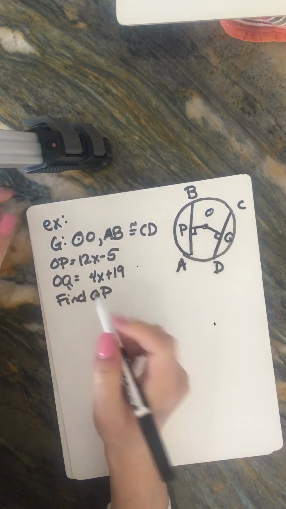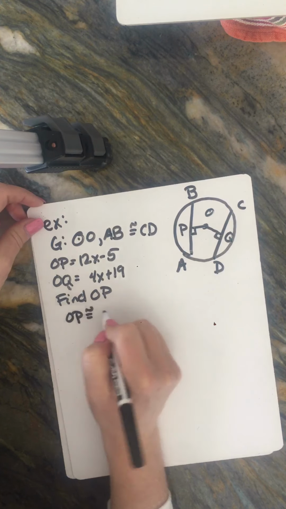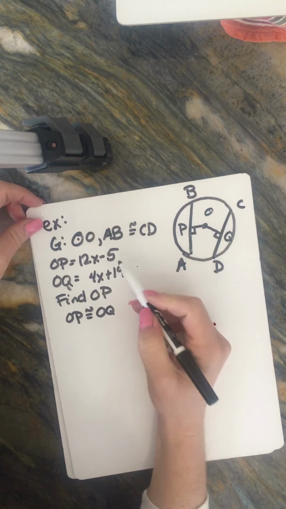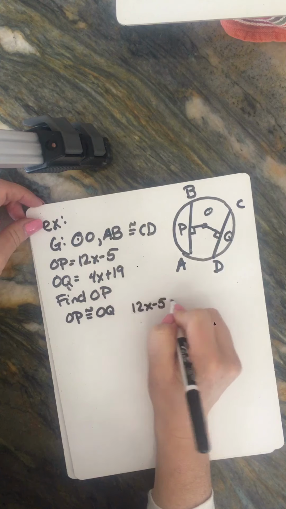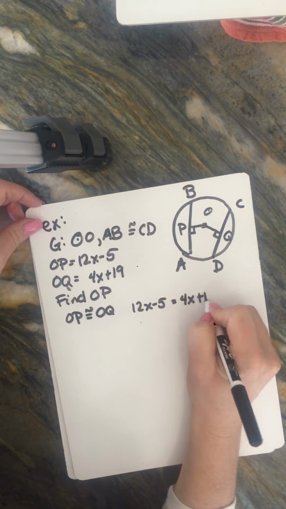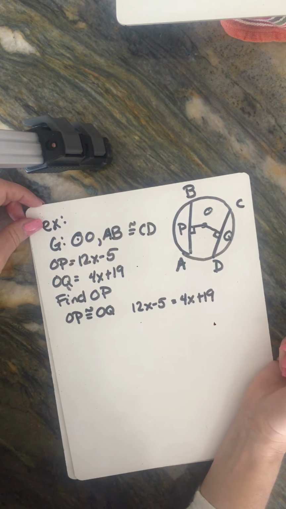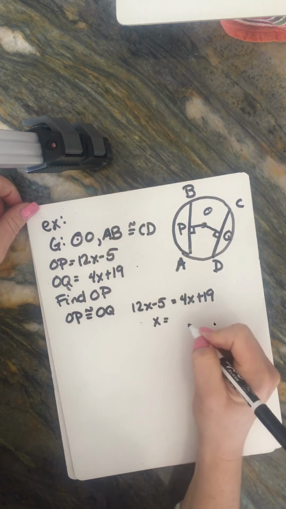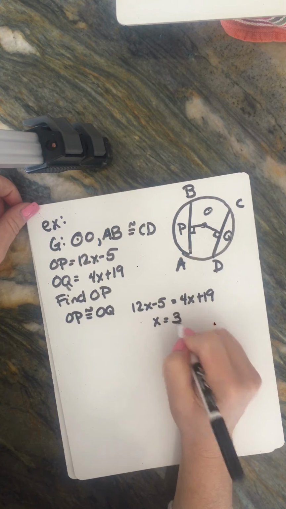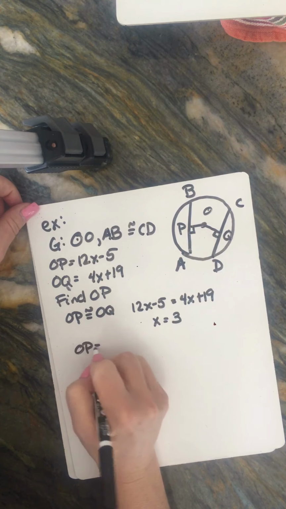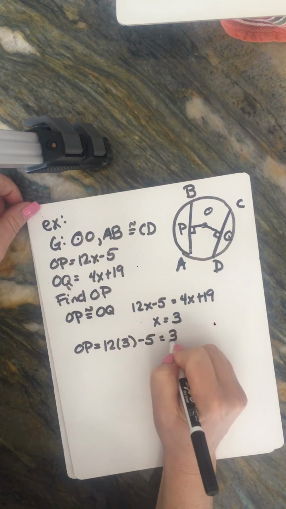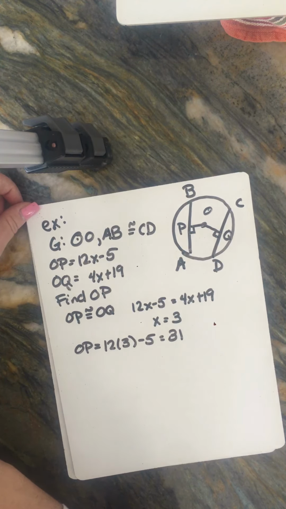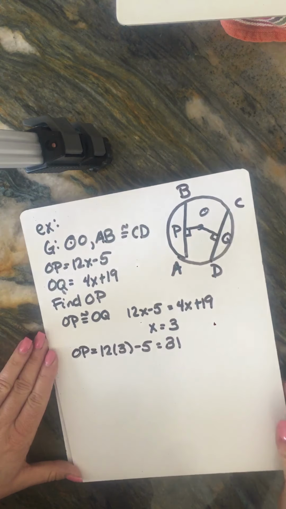So that means OP is congruent to OQ, and we can take their expressions and set them equal to each other. All right, so now we've got some just elementary algebra. You can handle this very quickly and find that x equals 3, and then OP, substituting x in, 12 times 3 minus 5, or 31. All right, so there's an algebraic example.